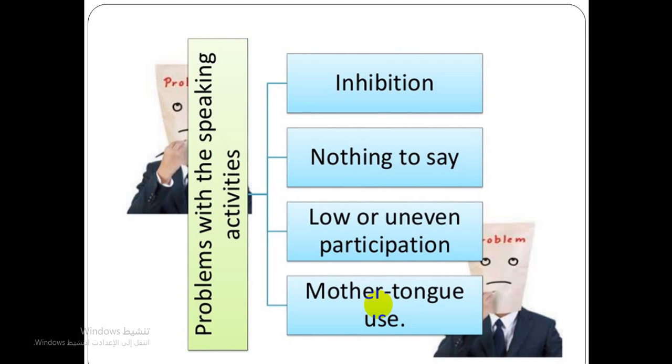Also, they can make a careful choice of topic and task to stimulate interest. Actually, teachers can give some instructions or training in discussion skills. Moreover, teachers can keep students speaking the target language.